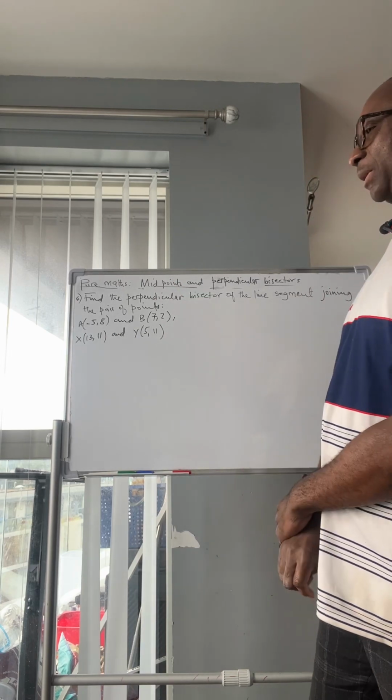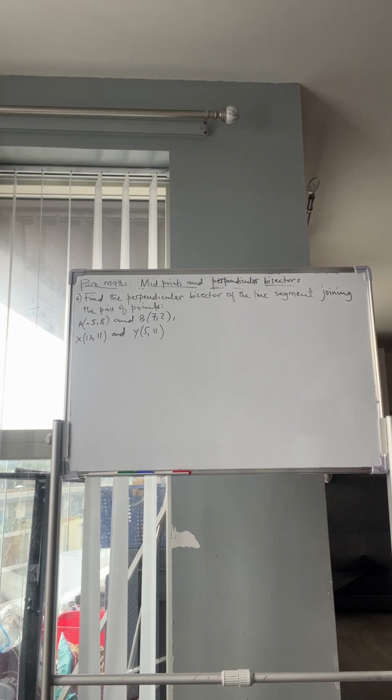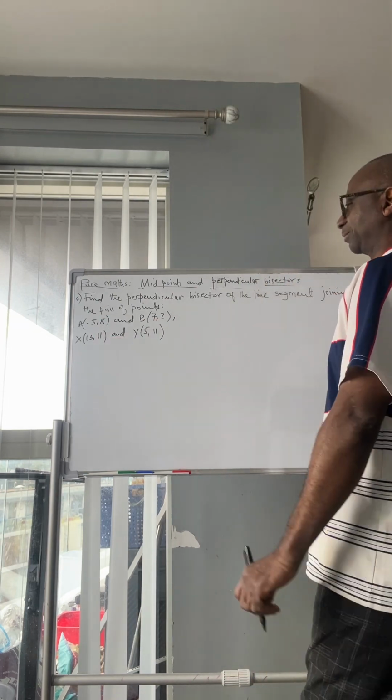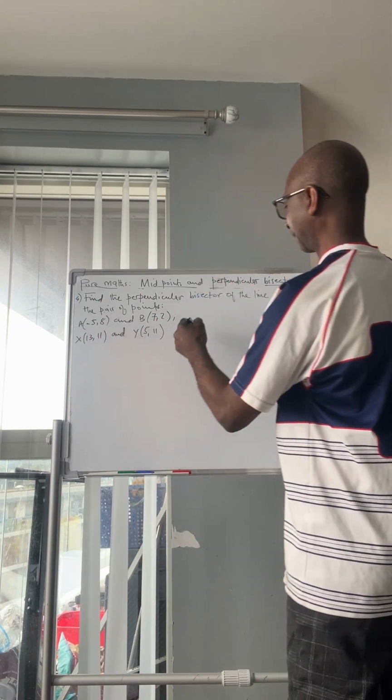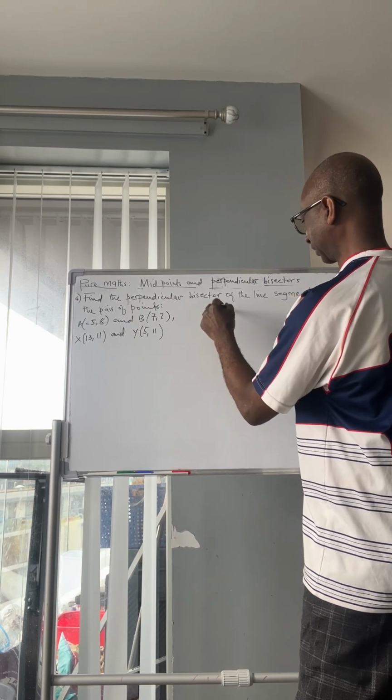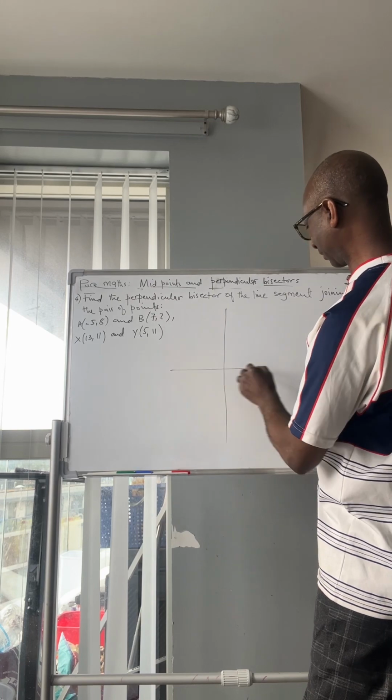Let's look at the first one first. Here we are going to try to find the perpendicular bisector of a line segment joining 2 points. Let's try to put a diagram that might help.